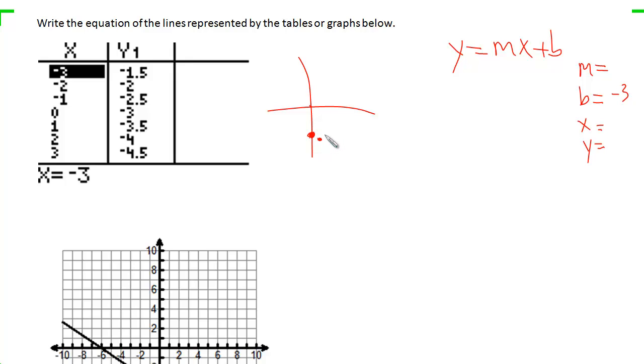I go over one more, I'm down at -4. Over one more, down at -4.5. So I see that I have a negative slope, and for every unit on x, it's changing by half a unit on y, down. So that's a -1/2.